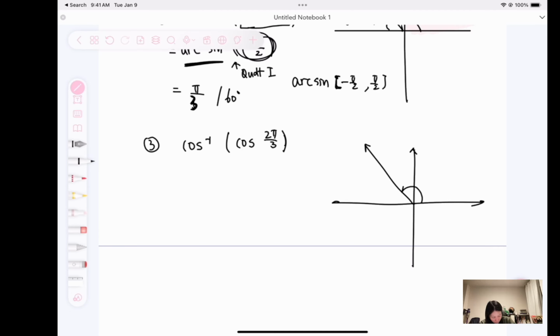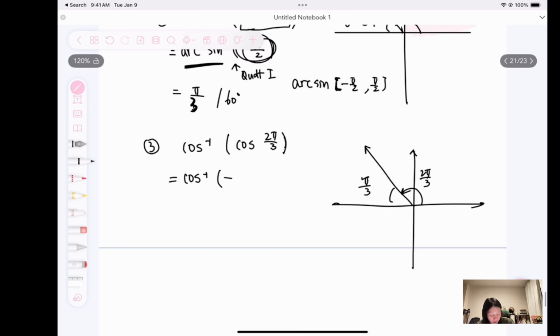So this part is 2 pi over 3. That means the reference angle is going to be pi over 3. This is in the second quadrant, which means cosine is going to be negative. And pi over 3 is 60 degrees, so the cosine of 60 degrees is equal to 1/2.